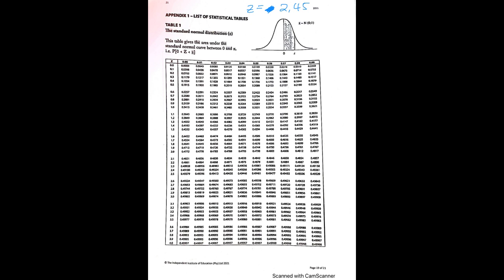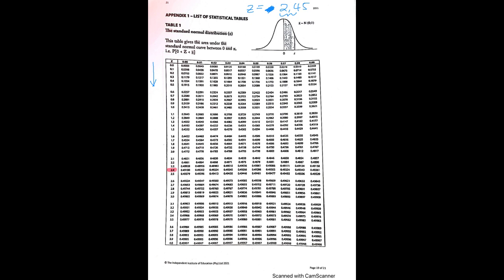That's because this table only has positive values. It doesn't have negative values. So it'll be 2.45. The first two digits, so the 2.4, you locate going down the first column. So if you look down the first column, 2.4 is here.